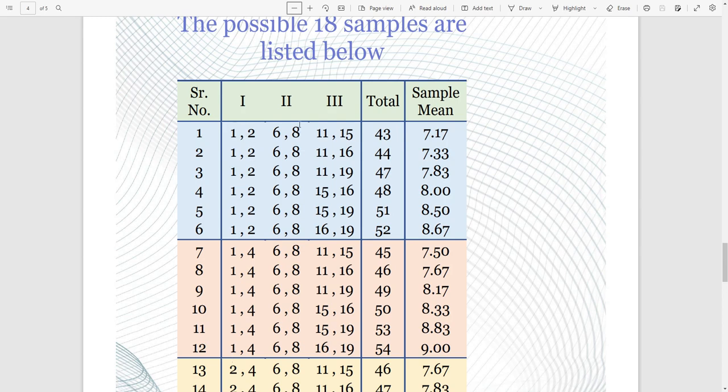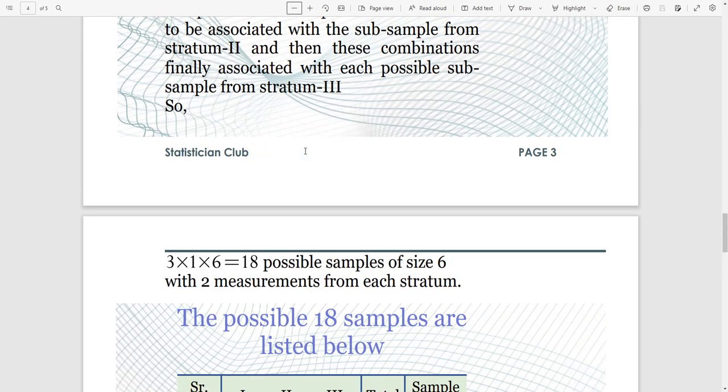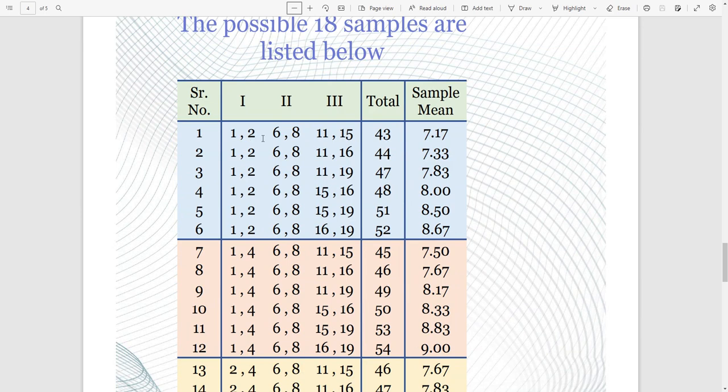From stratum 2 we have only a single combination, because the population consists of 2 units, 6 and 8, and we draw both, so the only sample is 6 8; there are no more available combinations.